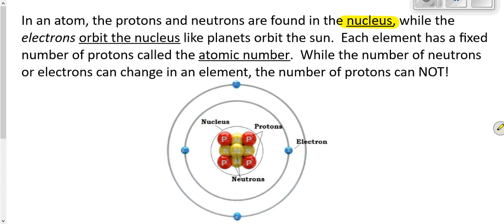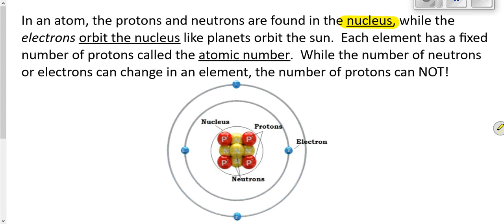Electrons are going to be swimming around the nucleus. We usually draw them in rings, and they're orbiting kind of like the way planets orbit the sun. And they don't account for any of the mass, but they can come and go. We can move electrons around easily as chemists.